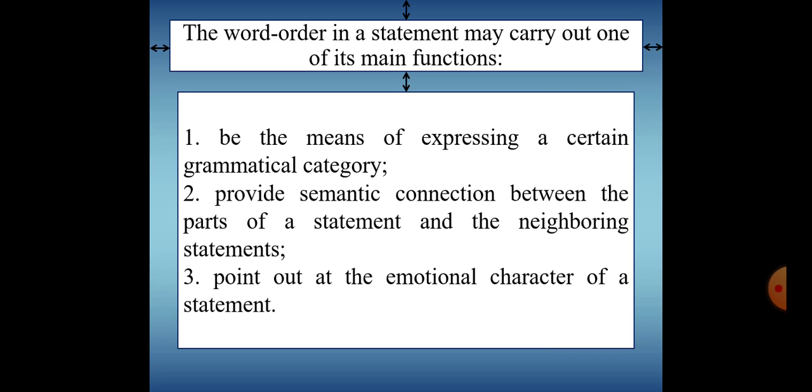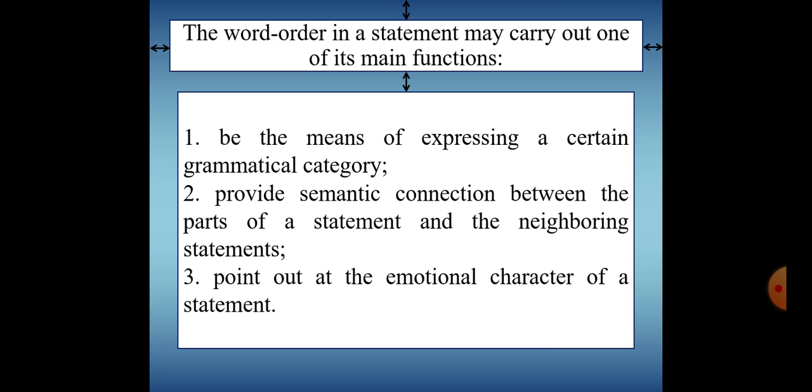The word order in a statement may carry out one of its main functions. There are three functions. First, be the means of expressing a certain grammatical category. Second, provide semantic connection between the parts of a statement and the neighboring statements.